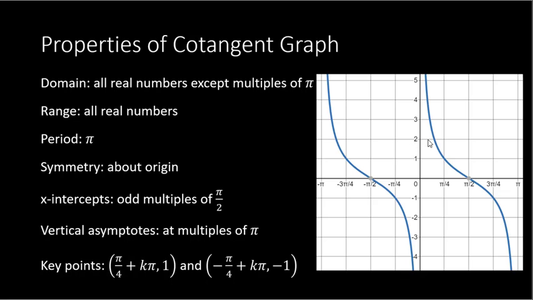And we see here an example of the graph where, again, the asymptote would be here at 0, and then it would be here at pi. You'd see it again down here at negative pi, and this would continue on. It'd go on for infinity, so negative 2 pi, negative 3 pi, etc. And this is what your cotangent would look like.